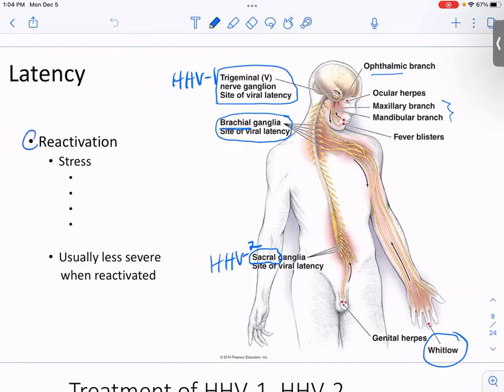What causes that reactivation? It can be a lot of different things. Usually some kind of stress, and it might be things that you don't typically consider terribly stressful. Sometimes sunlight, right? Maybe a day at the beach can cause some sores to reactivate. Just a person's normal menstrual cycle.